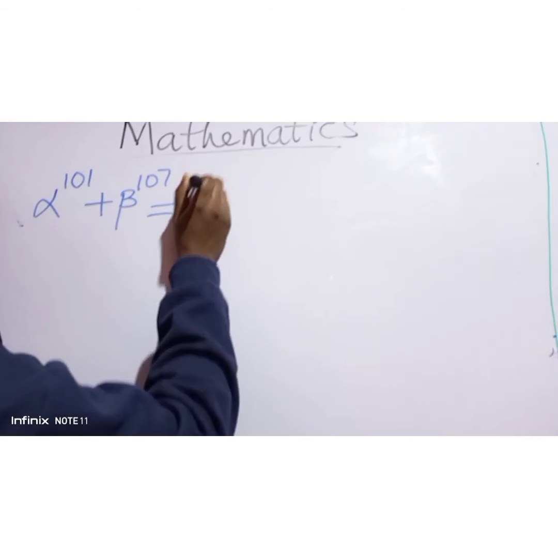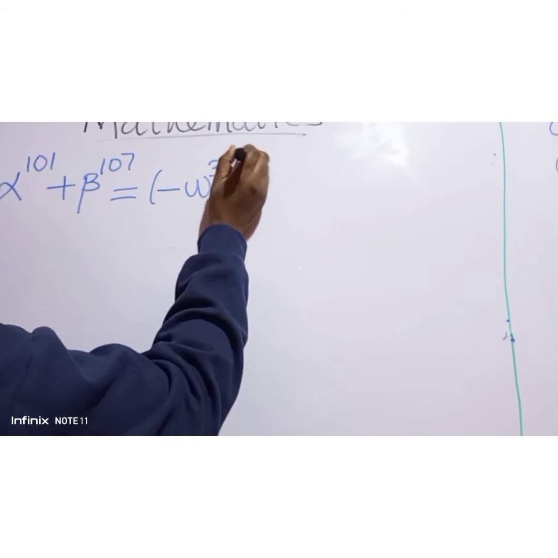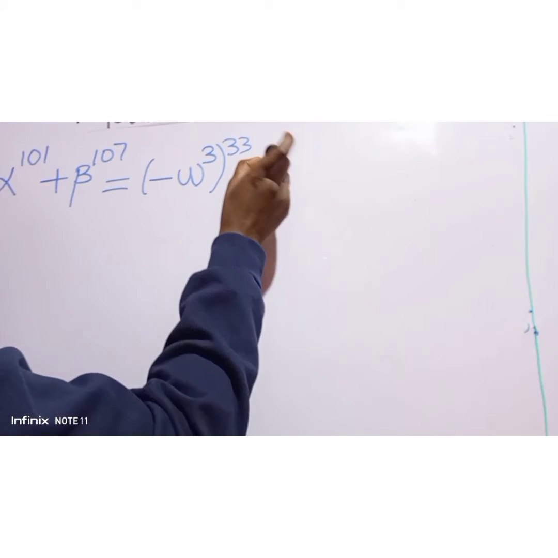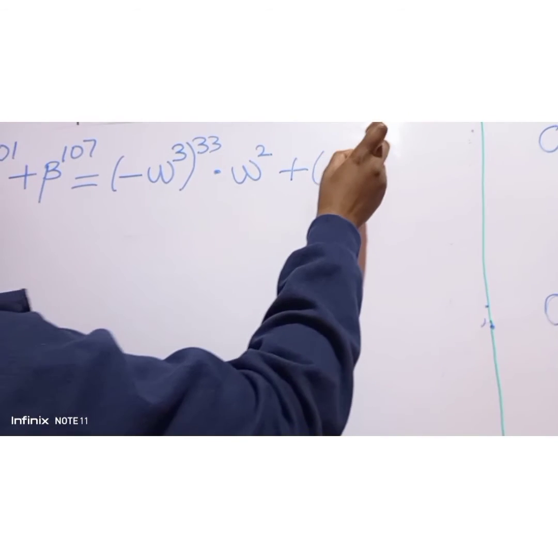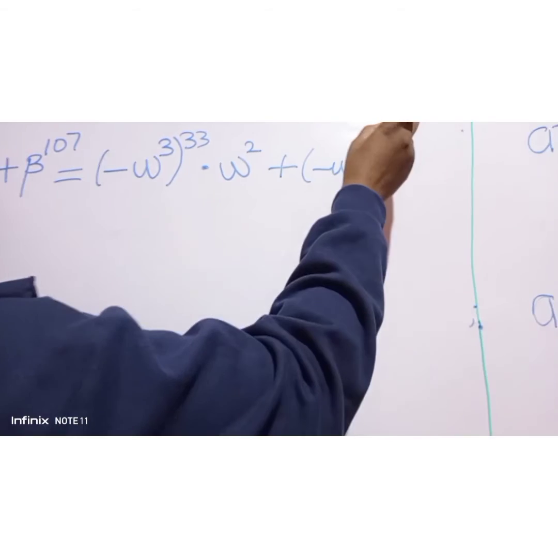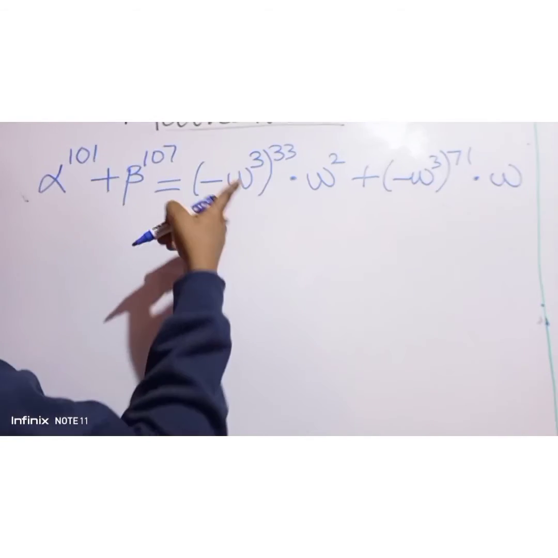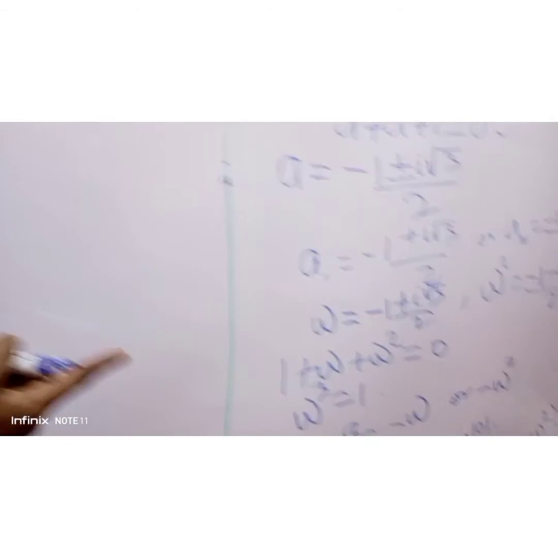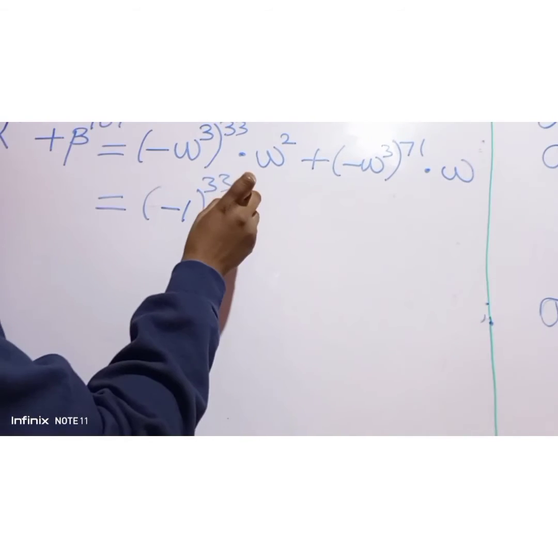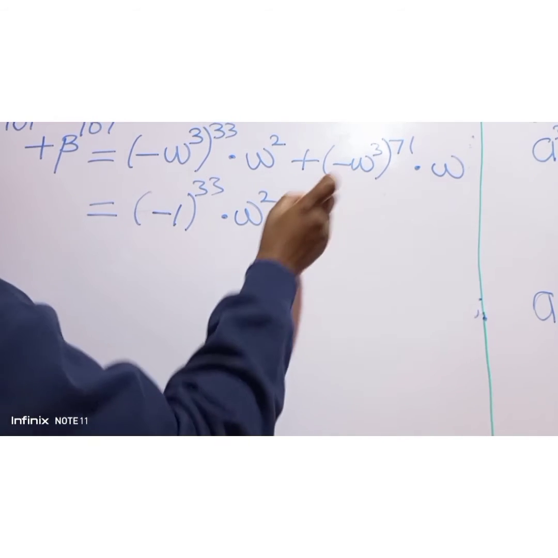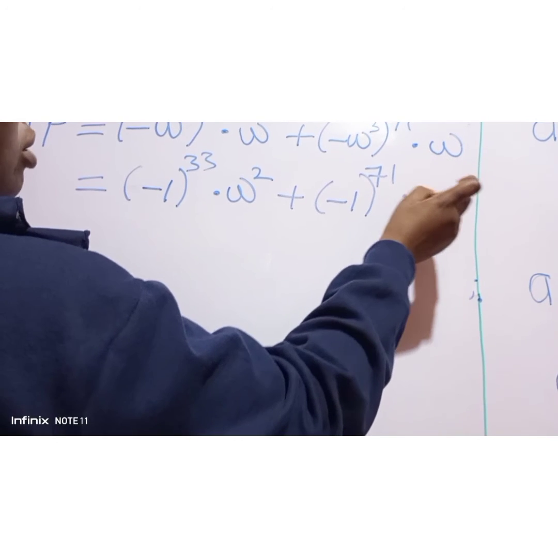So I have minus omega cubed raised to the power of 33, then multiplied by omega squared, then plus minus omega cubed raised to the power of 71 multiplied by omega. Recall that omega cubed is equal to 1, so I have minus 1 raised to the power of 33 multiplied by omega squared, then plus minus 1 raised to the power of 71 multiplied by omega.